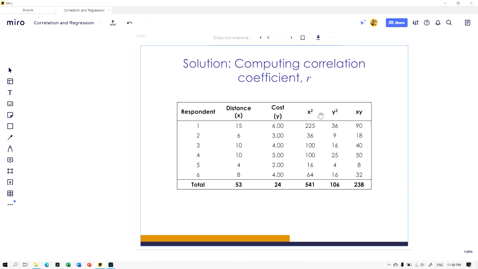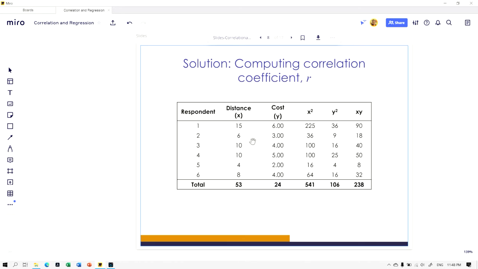The fourth column is given by x squared. How do we get x squared? By squaring the value of x, which is 15 squared, and 15 squared is equals to 225.